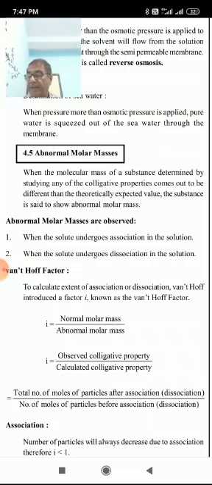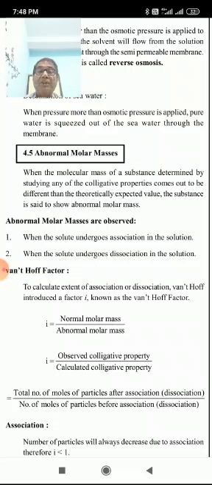It has a very important application in our everyday life. First one, in desalination of seawater. That means from seawater we make potable water by the process of desalination.